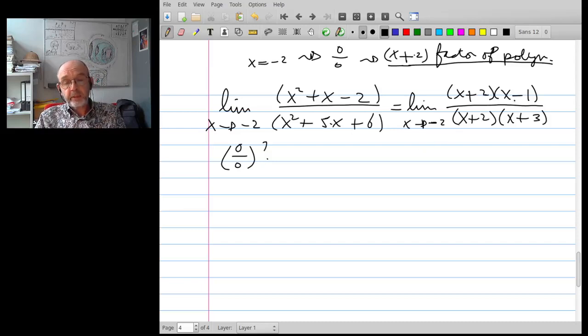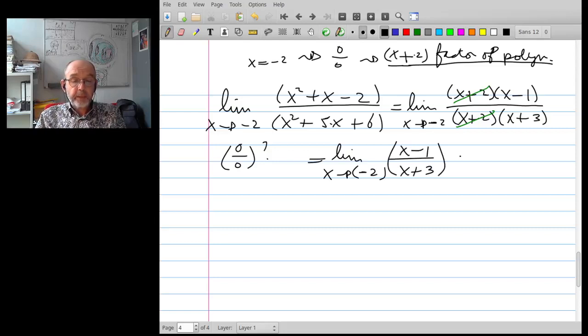Then we can divide those x plus 2 away, and we have the limit as x goes to -2 of x minus 1 divided by x plus 3. Here we can just fill in, and we have -3 divided by 1, so we have just -3 as the limit.